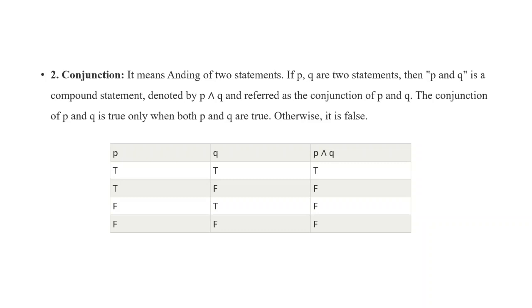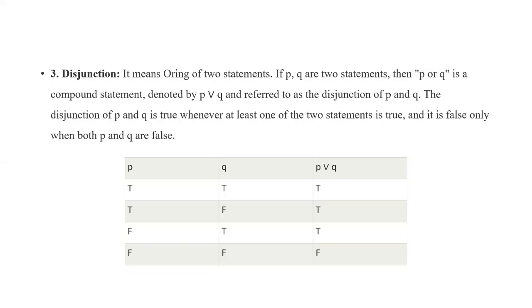Otherwise, it is false. This is the truth table for this logical connective. If both statements are true, then the compound statement is also true. Otherwise, the compound statement is false.